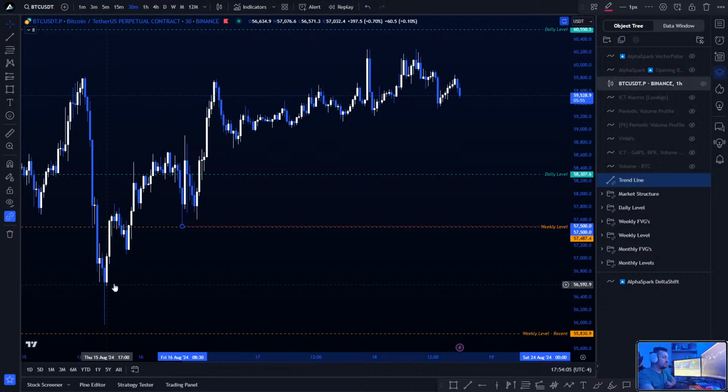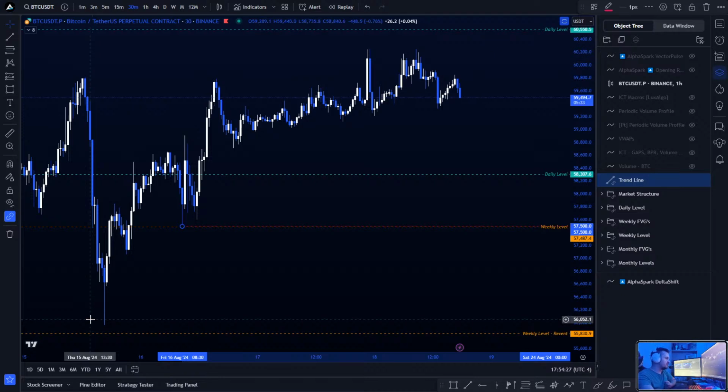If we go lower than this low, that's a bad sign. Okay. Sorry, if we go lower than this low over here, that's a bad sign, because there are more bearish stacked imbalances there now than bullish ones, and that usually pushes price down.